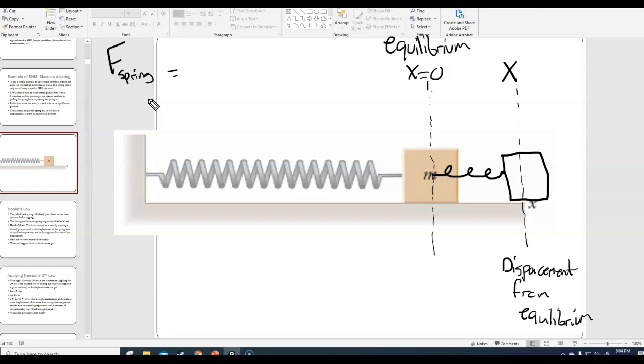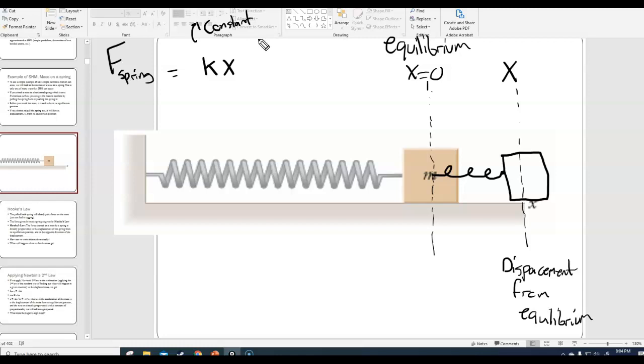Mathematically speaking, a proportional relationship looks like some constant times a variable. So if I have a spring force that is proportional to the displacement from equilibrium x, I can write it like this, where k is a constant.